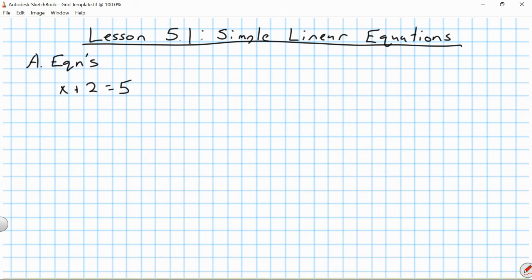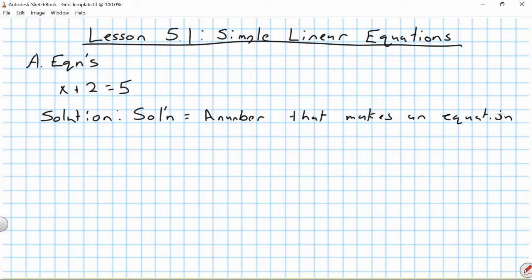That is the definition of a solution, abbreviated SOL: a number that makes an equation true when substituted for the variable.